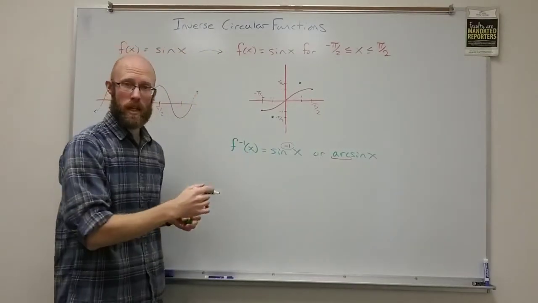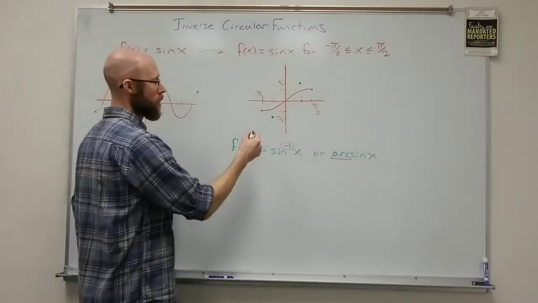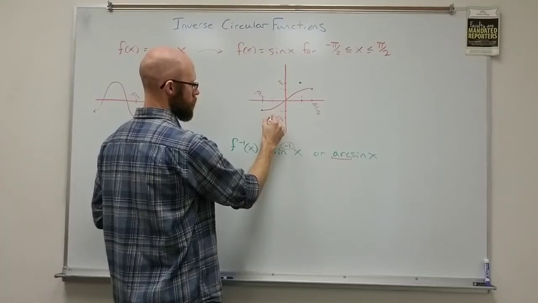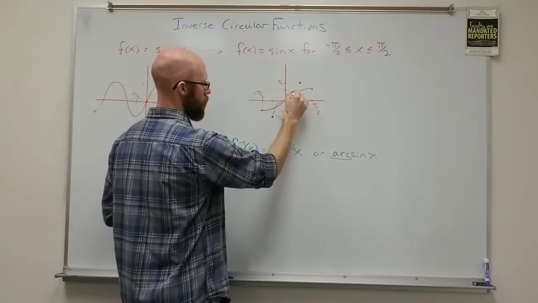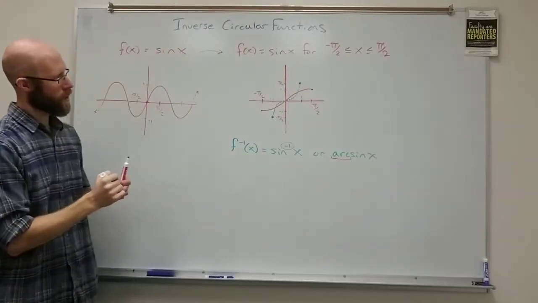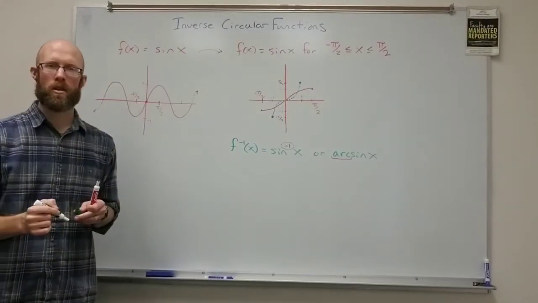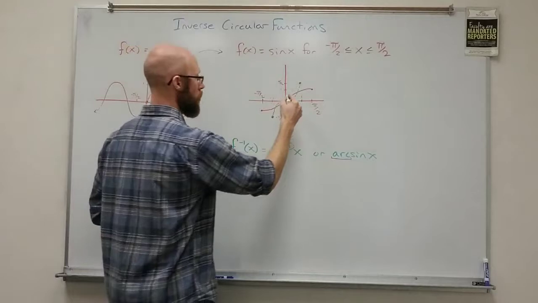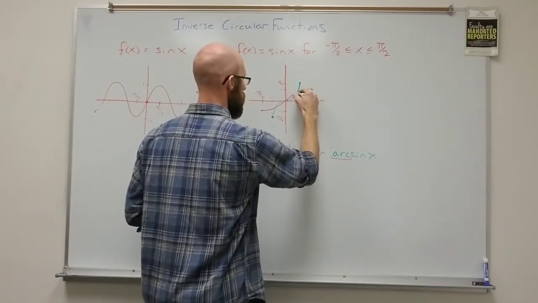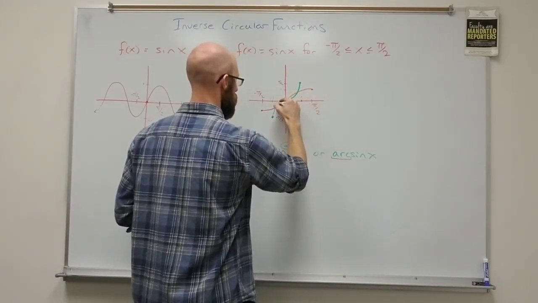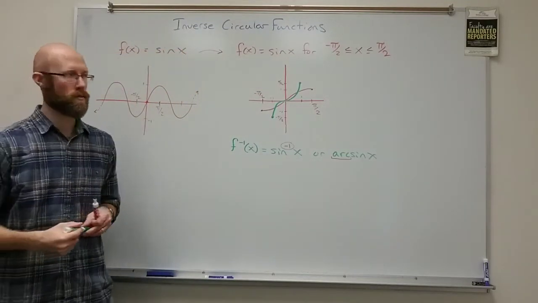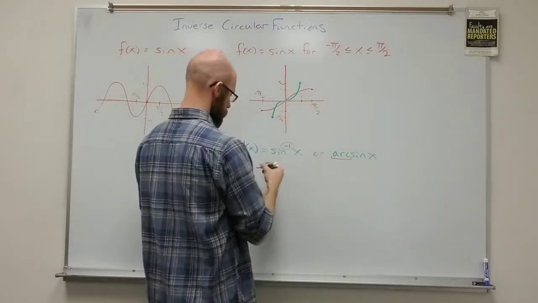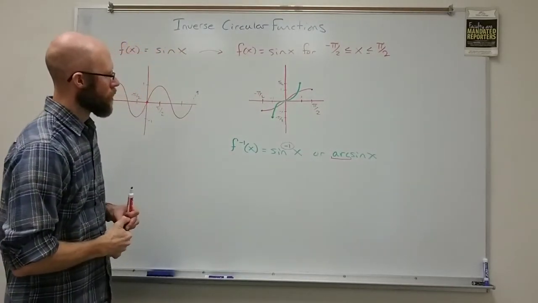The curve is again going to be a reflection across the line y equals x. So it's going to sort of come up, go through, and up again. That green graph is going to be the graph of the inverse sine.